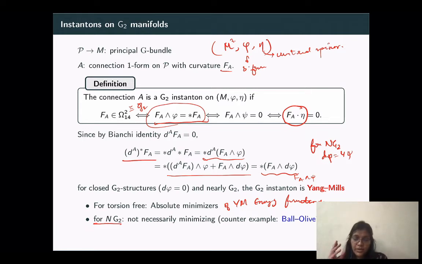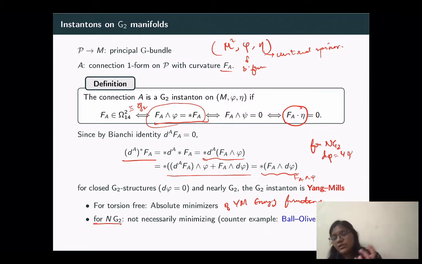In fact, there was a counterexample given by Gonzalo and Given in their paper Gauge theory on Eschenburg-Wollasky spaces, where they explicitly describe a family of connections, and then they show that the Yang-Mills energy is minimized using some other connection which is not a G2 instanton.